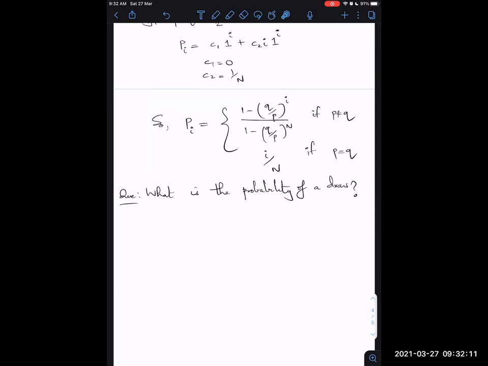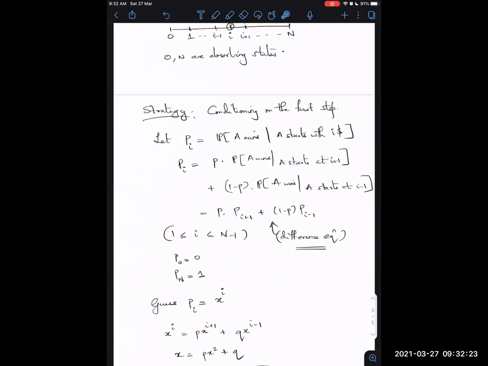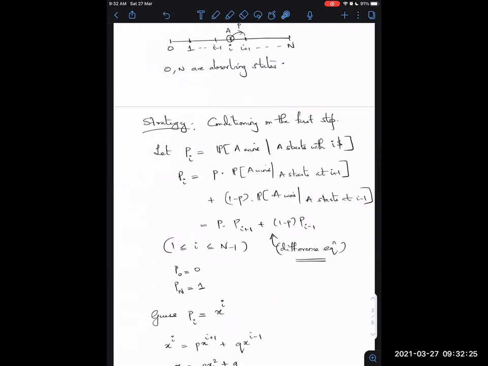Okay, just look at the P equal to Q case. So don't look at this case for now. Just look at this case. All right, so what is PI? PI is defined as the probability that A wins if A starts with I dollars. You can just make it B wins if B starts with n minus I dollars.